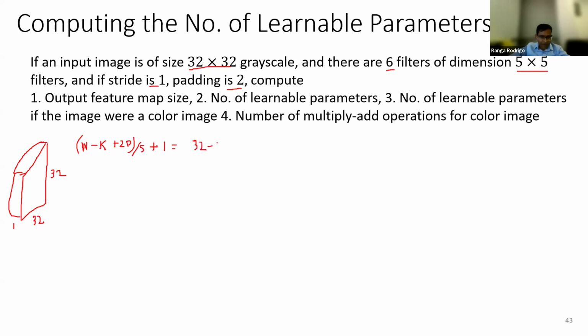K is equal to 5. Padding is equal to 2 times 1, divided by stride is 1, plus 1. How much do you get here? 32 minus 5 plus 34. 34 minus 5 is 29, plus 1 is 28, right? 28 by 28 is what you get.